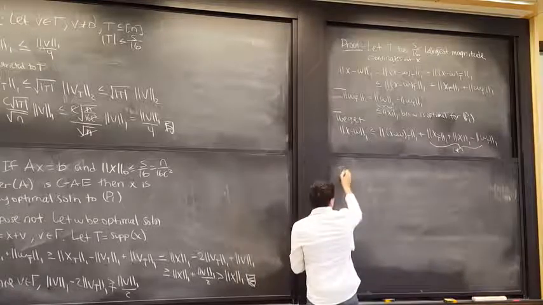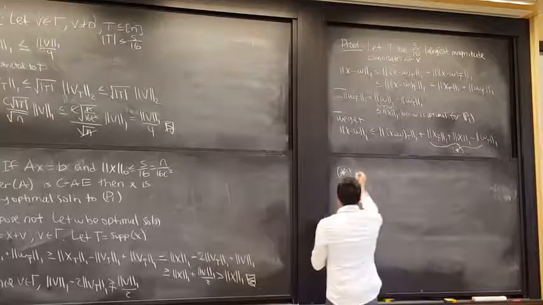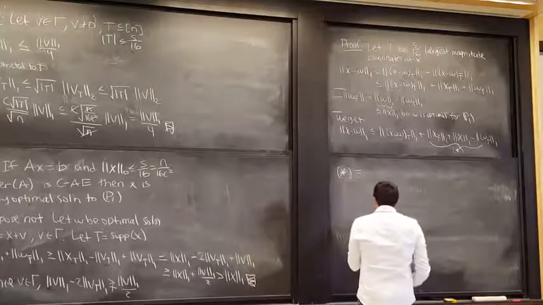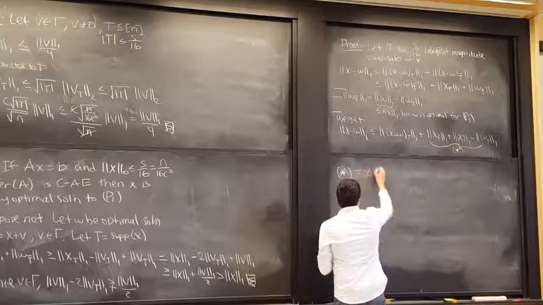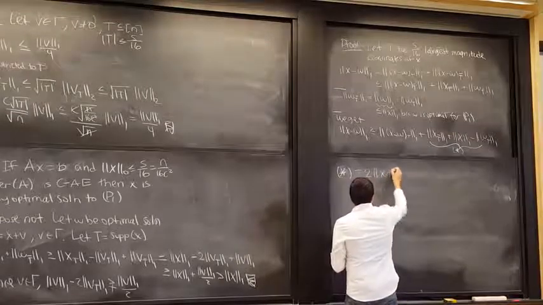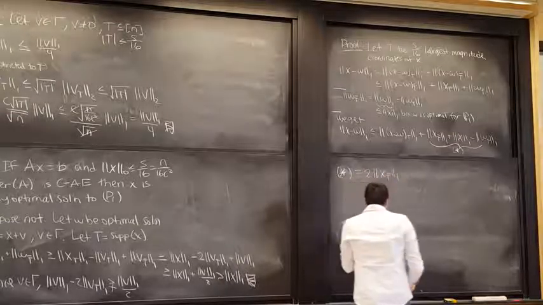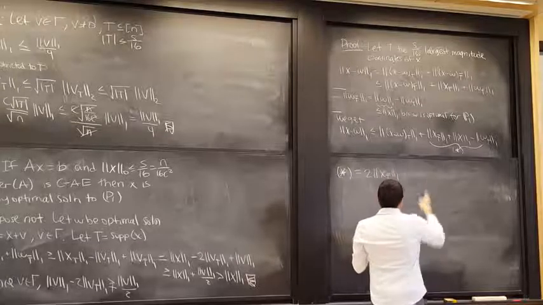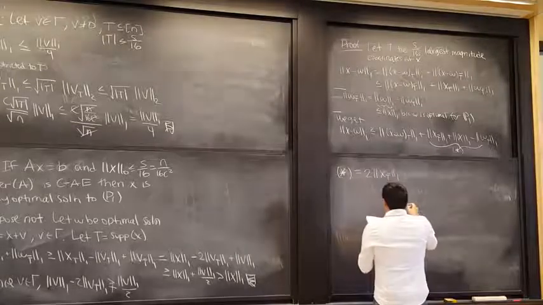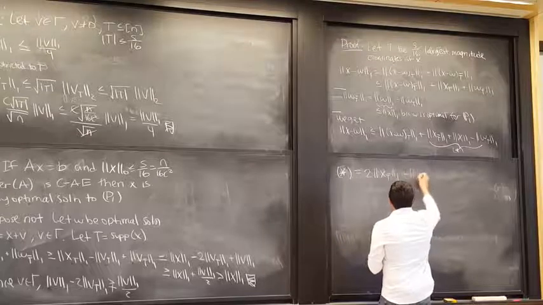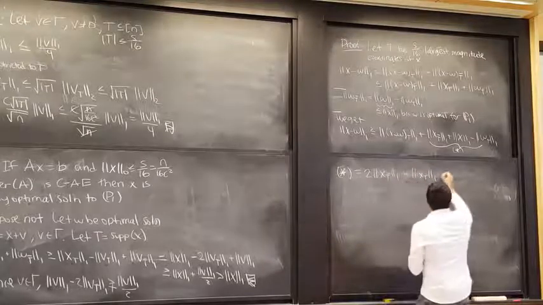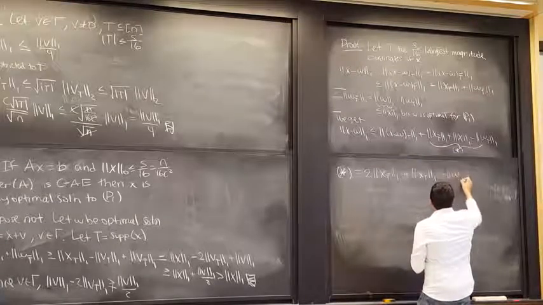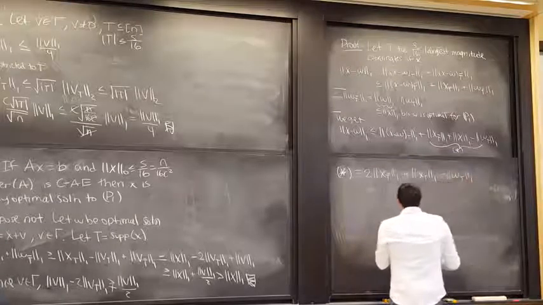And what I claim is that now, star, we can do the same type of rewriting as before. It doesn't really look like we're making progress, but I claim we are. I can do the same thing where I pull out an x_T complement 1 norm. But now what I get left over from this x 1 norm is some extra x_T's 1 norm, and I still have this minus w_T's 1 norm.